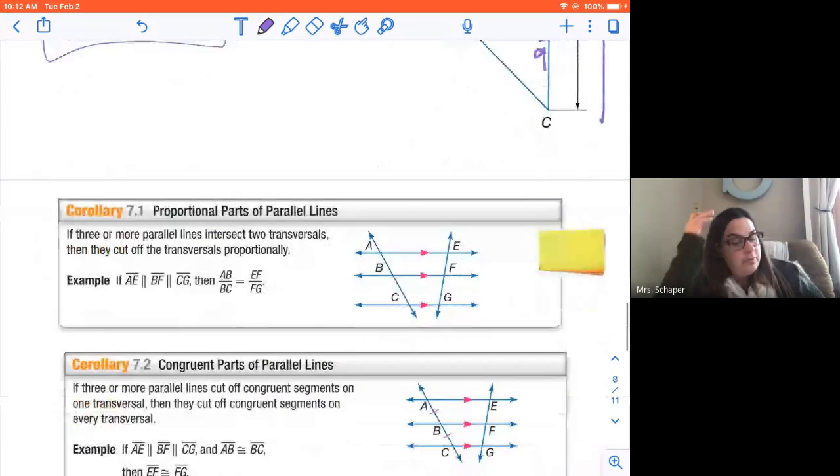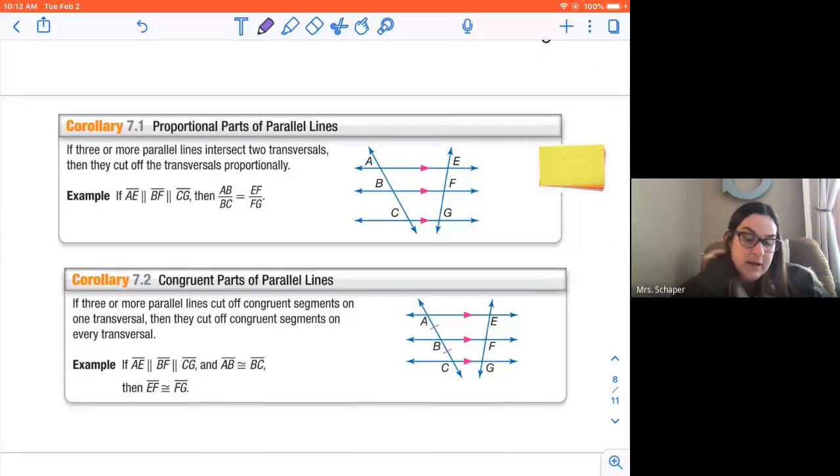All right, proportional parts of parallel lines. So we've got our parallel lines. What that means is that these are proportional, like AB is to BC as EF is to FG. Those are all proportional.